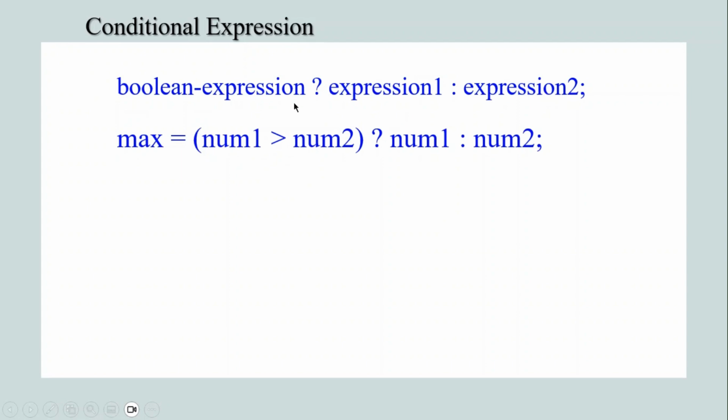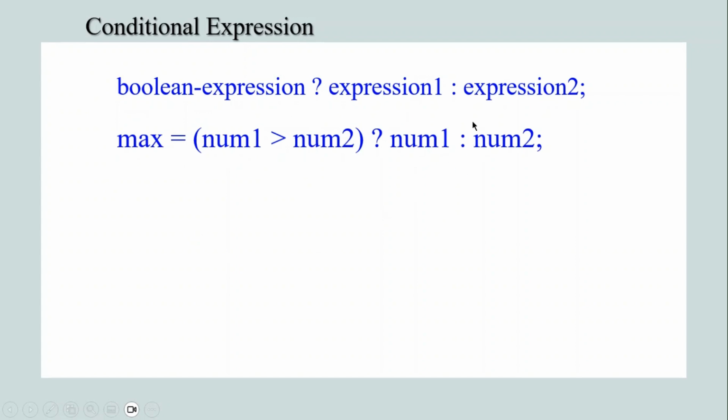So I have this boolean expression, and the question mark is asking, is number 1 greater than number 2? If yes, if this boolean expression is true, then assign number 1 to maximum, because number 1 is the maximum, and we proved that by the boolean expression.